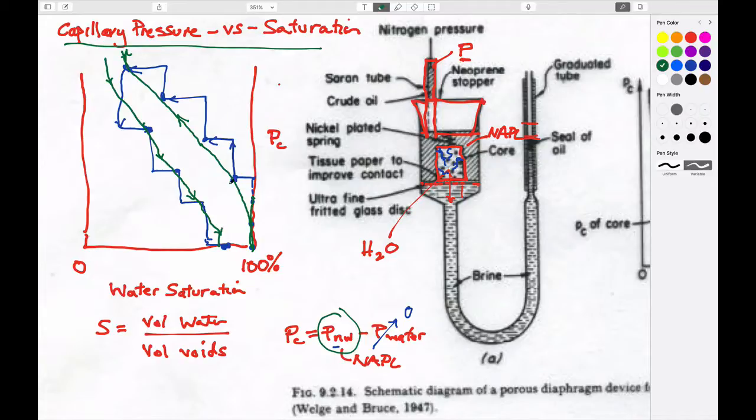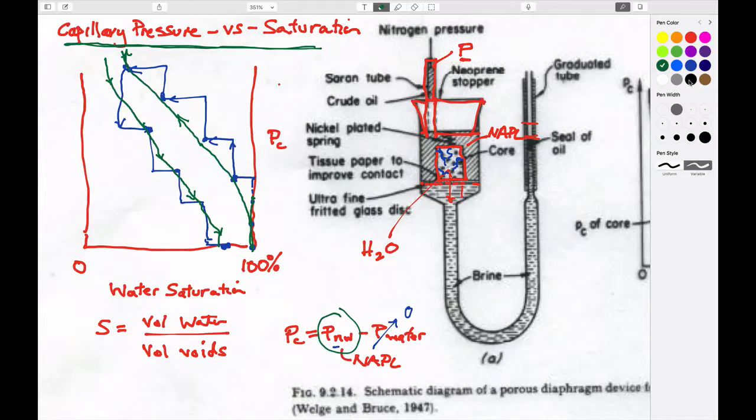And so the only thing to look at here, we don't care about the blue curve, which is this stair step. That's just our means to be able to get the green curve. But this capillary pressure versus saturation curve here tells us exactly what the overall saturation is at a particular pressure.